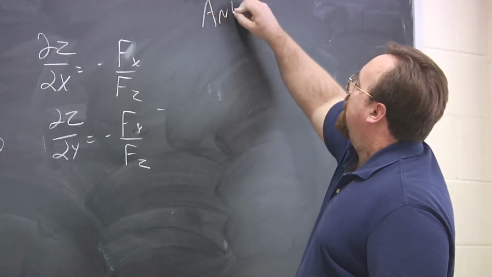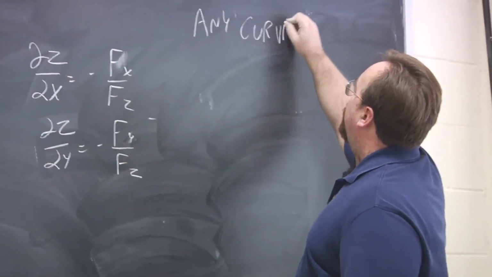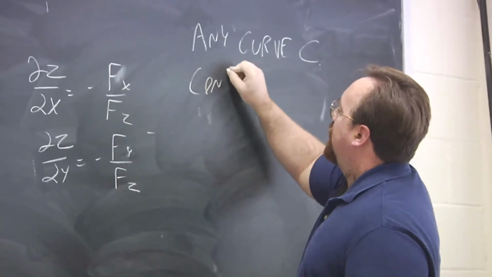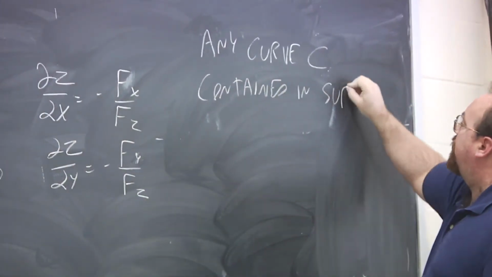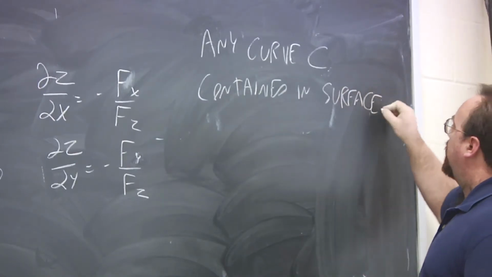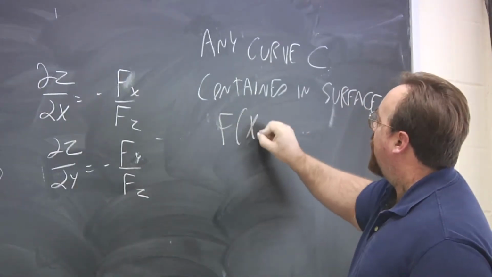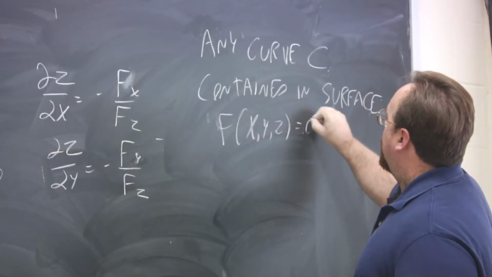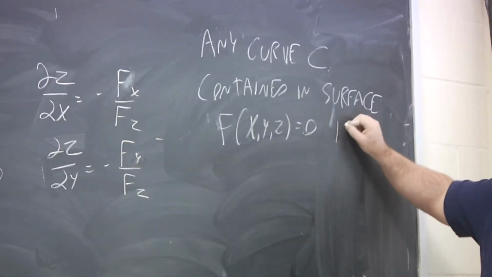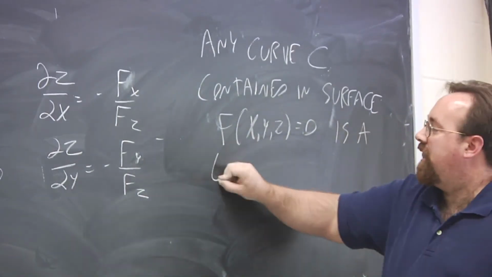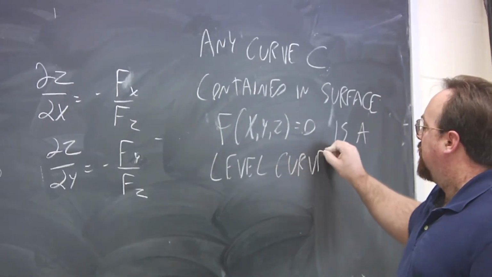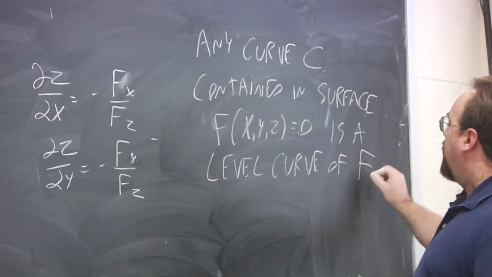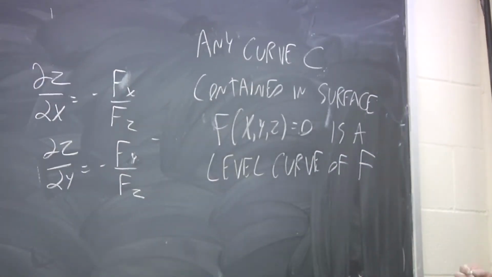So any curve called C contained in the surface f of x, y, z equals 0 is also a level curve of f. And that's what we're going to use to help us here.